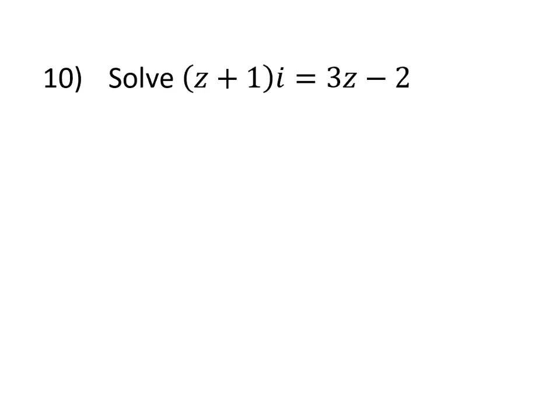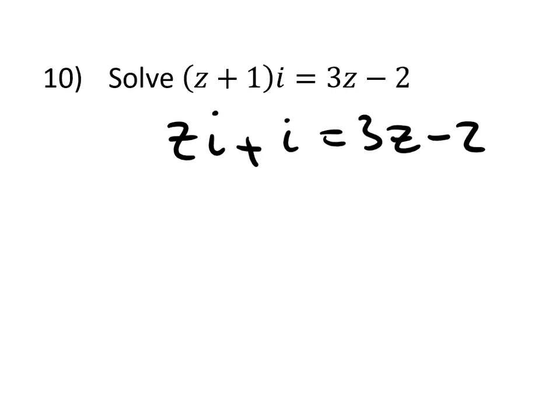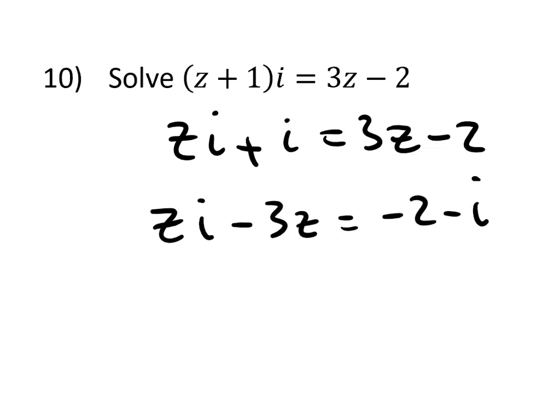Again, this is very similar to one or two that we've already done. Can you do it now? What you should be saying to yourself, I'm going to do a bit of algebra. I'm going to use the calculator a bit. Whatever's appropriate. We can't just type that in. So let's use a bit of algebra. Clearly multiply the brackets out. zi plus i equals 3z minus 2. We're trying to find z, so I'm going to get all the z's onto one side, and the i's on the other.